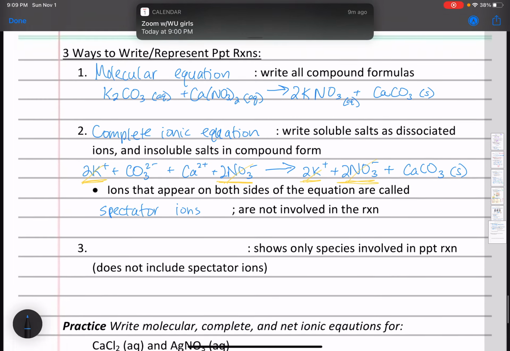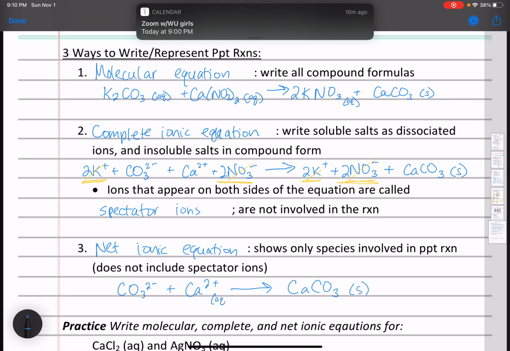So a simplified form of this ionic equation is called the net ionic equation. This is where we just write the ions that are involved in the precipitation reaction, and we don't include those spectator ions. So in this case, we would just write the carbonate and the calcium ions reacting to form calcium carbonate, which is a solid.